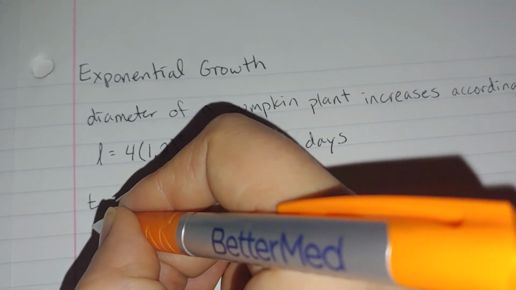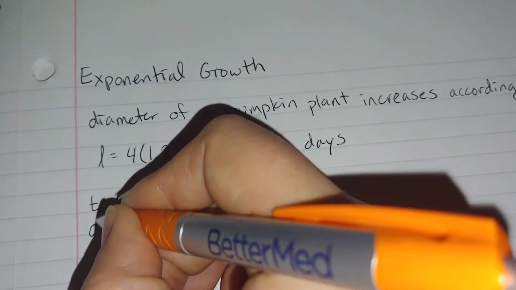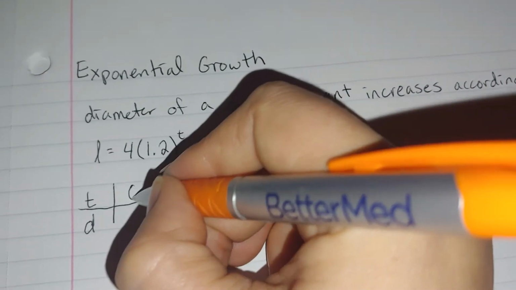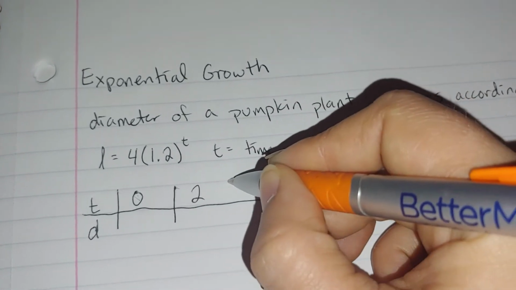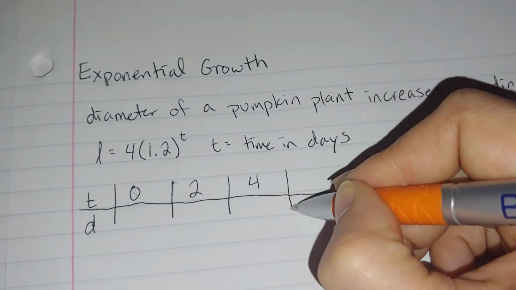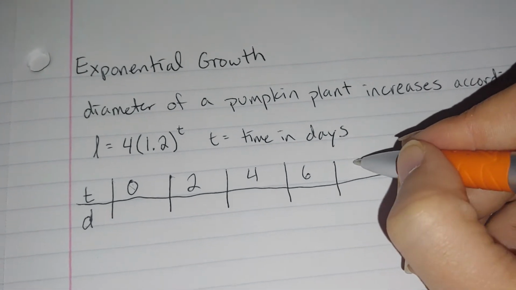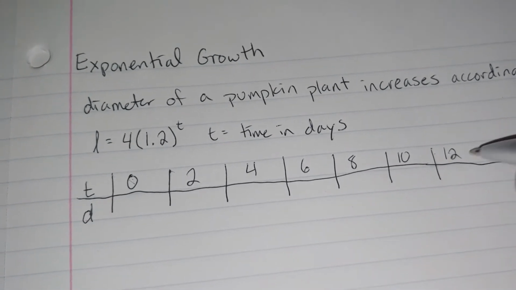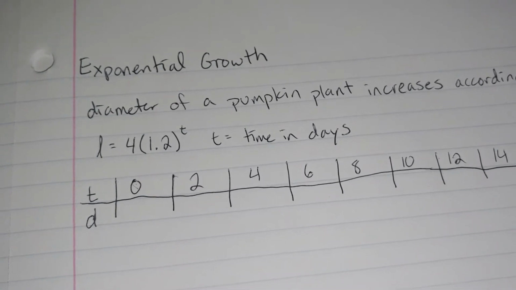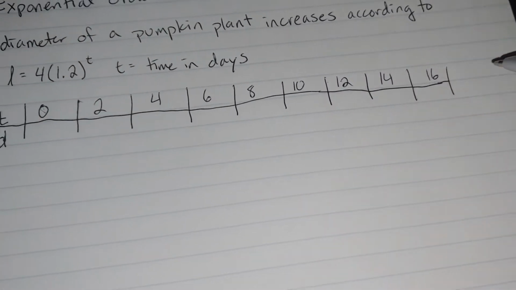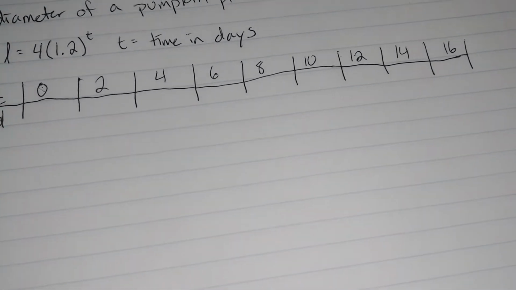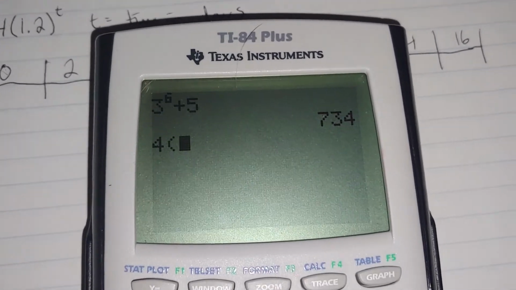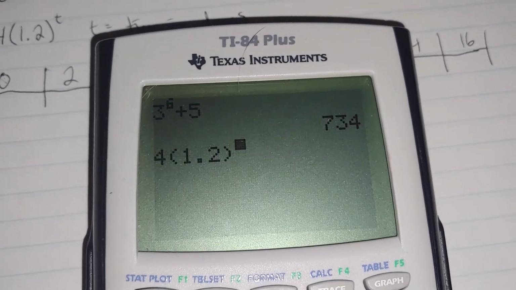All right, so let's see. Time and the diameter at 0, 2 days, 4 days, 6 days, 8 days, 10 days, 12 days, 14 days, and 16 days. What is the diameter of the pumpkin? I'll just come in here and say 4 times 1.2 to the what?